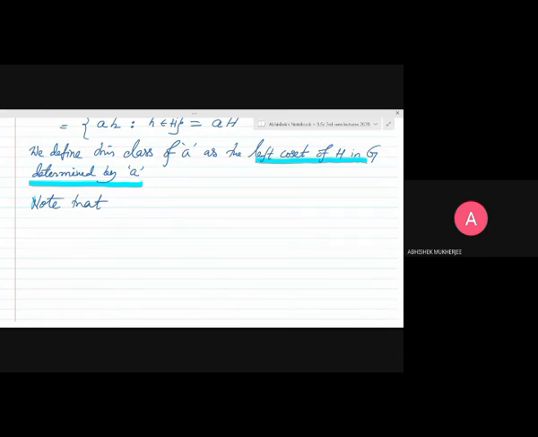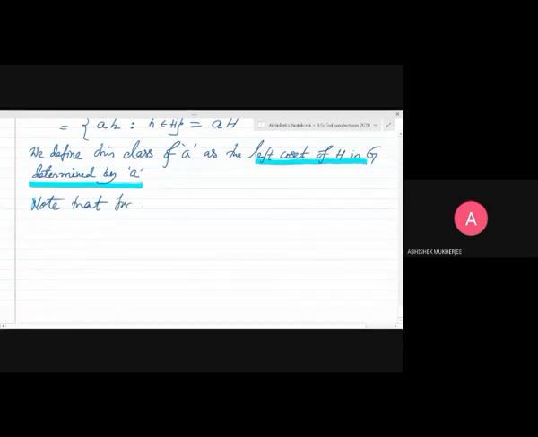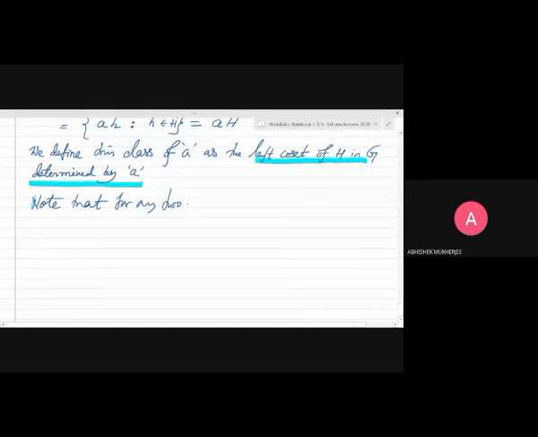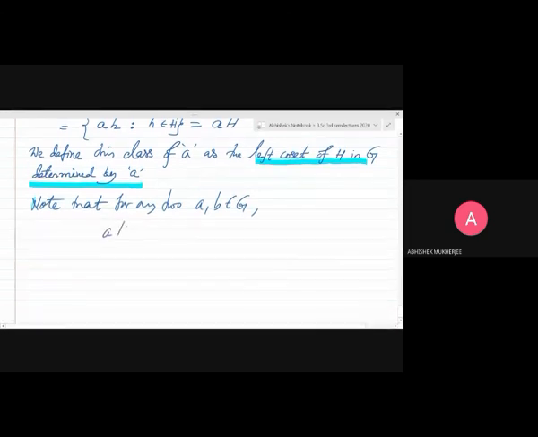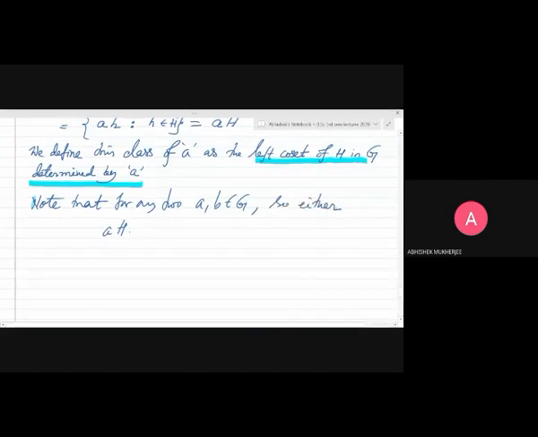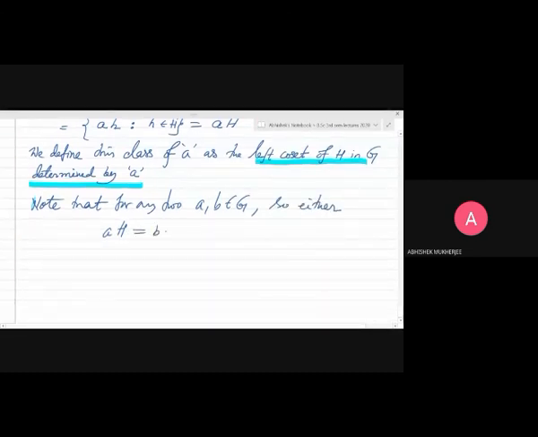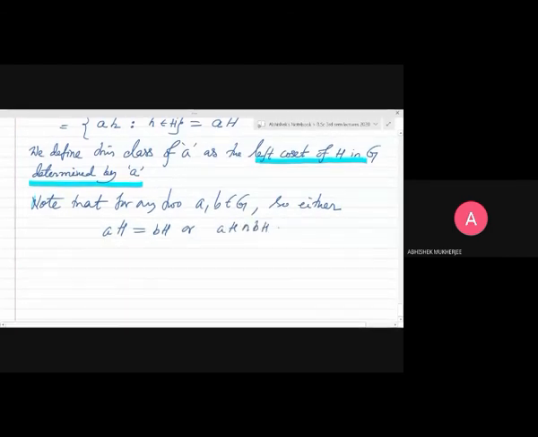So note that for any two a, b belonging to G, a will determine one left coset of H in G and b will determine a left coset of H in G. So either a H equals b H or a H intersection b H equals phi. Okay, right?